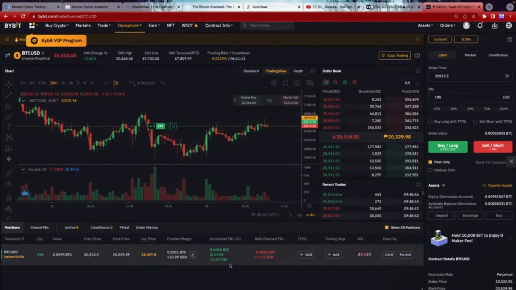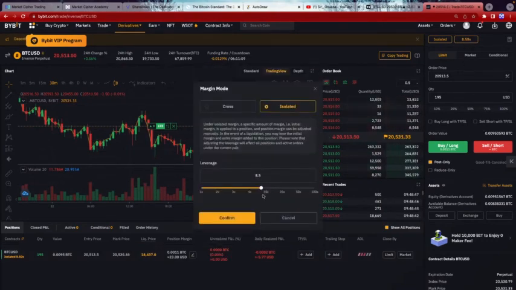If I want to increase my profit, of course I can also increase leverage. But again, it comes with risk because the higher the leverage, the closer the liquidation price. You understand? So you might not really want to put yourself in danger by using so much leverage.